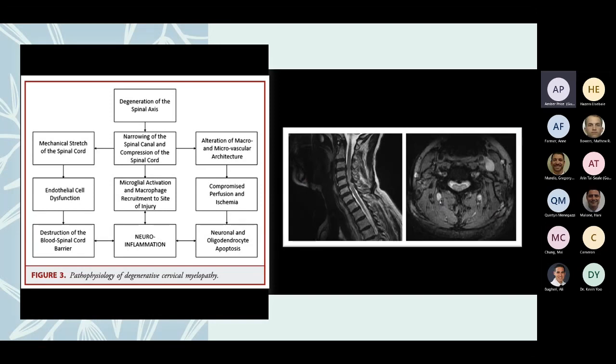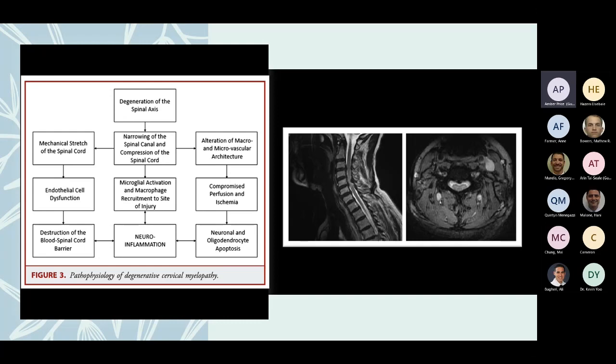So ultimately, cord compression leads to a cascade of different events that lead to cord damage. You'll get mechanical stretch of the spinal cord, which leads to endothelial cell dysfunction and destruction of the blood spinal cord barrier. You'll get alteration of the macro and microvascular architecture, and that leads to compromised perfusion and ischemia, and ultimately apoptosis of the neural elements.